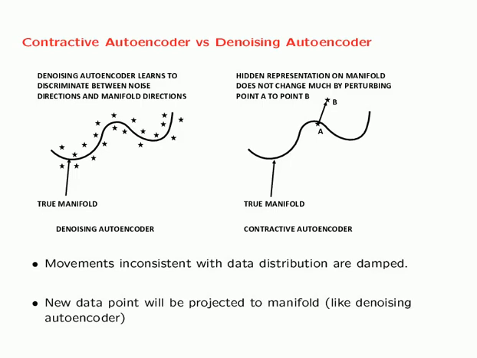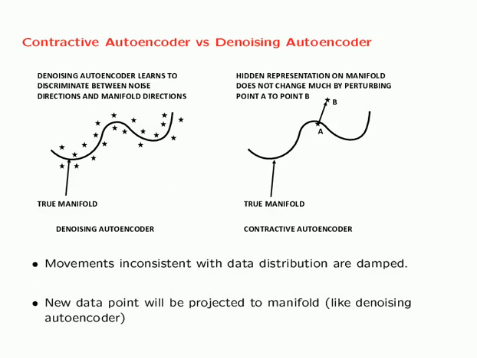And similarly, in the contractive autoencoder, if you look at the figure on the right, when you perturb it in a random direction, most random direction will be roughly perpendicular to the manifold. So it will change only a small direction along the manifold. So you only care about the change that occurs along the manifold, because those are the only meaningful changes which are consistent with the data distribution, and movements which are inconsistent with the data distribution are damped. This is true both for a contractive autoencoder as well as for a denoising autoencoder.